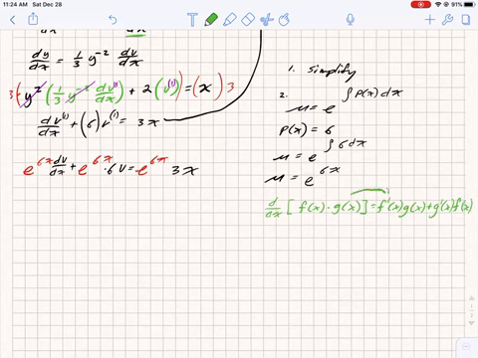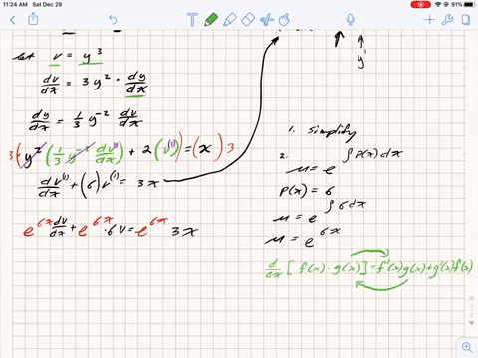Normally we go this way in differential equations.